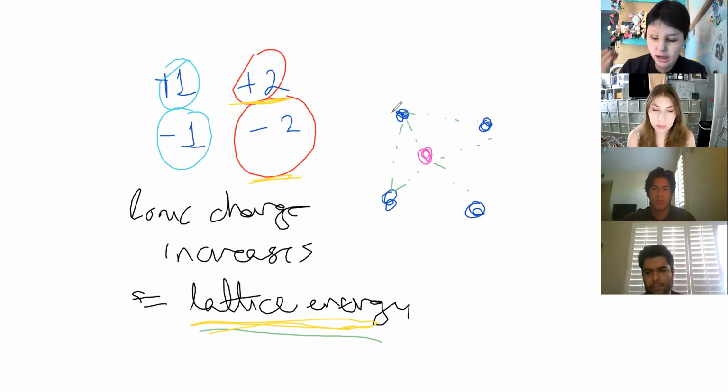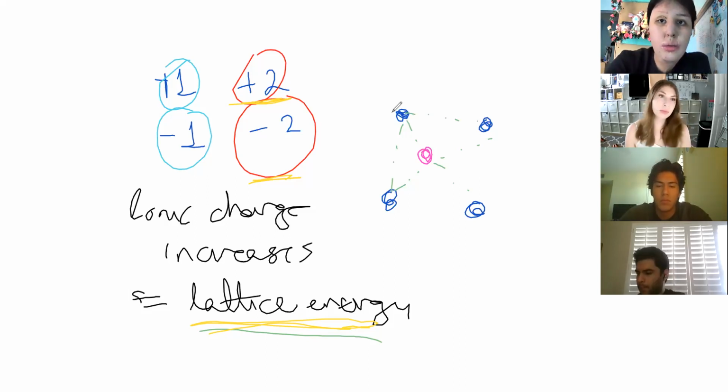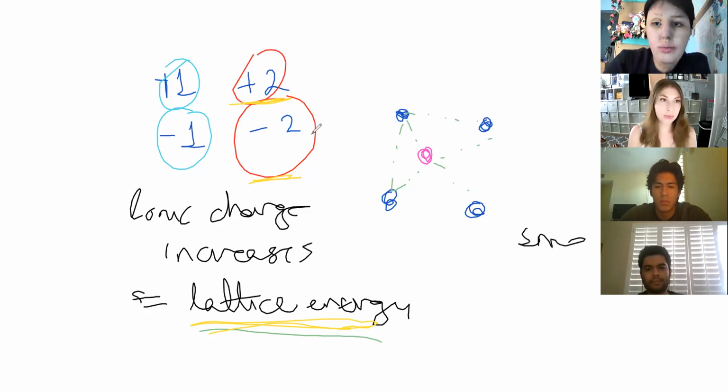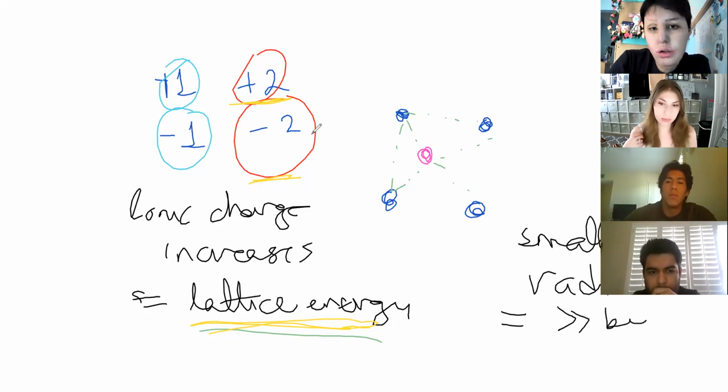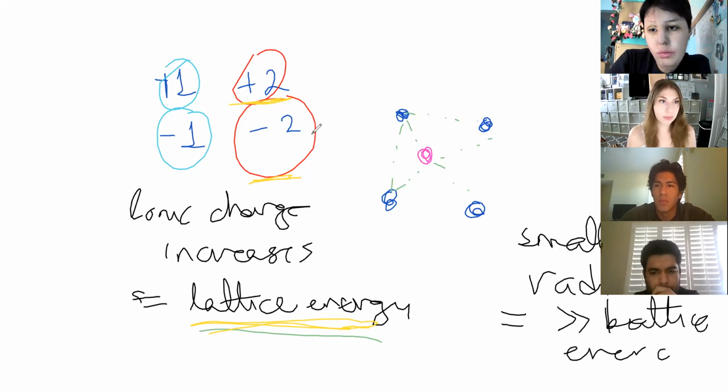So the ion with the smallest ionic radius will also have the largest lattice energy. Those are two factors: small ionic radius, bigger lattice energy. Actually, I probably should draw an arrow going up.